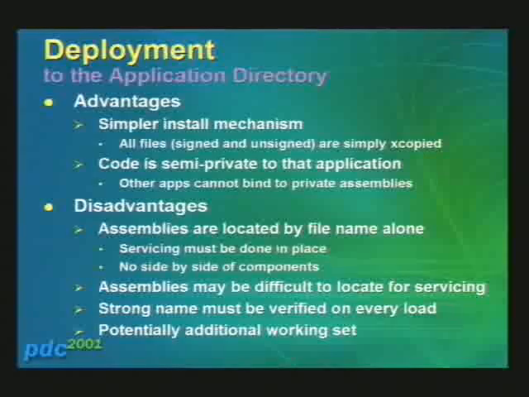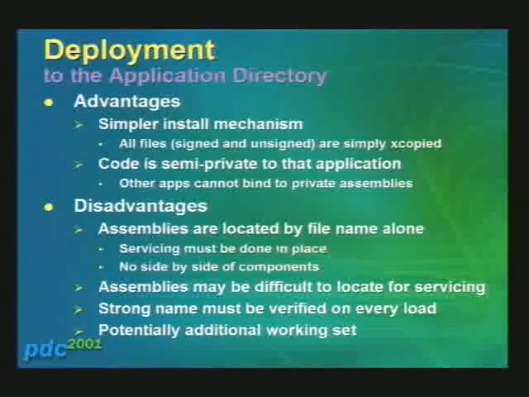Another disadvantage of using the application directory is that it might be difficult to locate things that you want to service. So suppose you do have an assembly that you want to fix, and you have users that have deployed it in a private fashion in their application directory. One mechanism that you could use is to deploy this fix or this patch into the GAC, which would supersede assemblies that were found in the application directory.